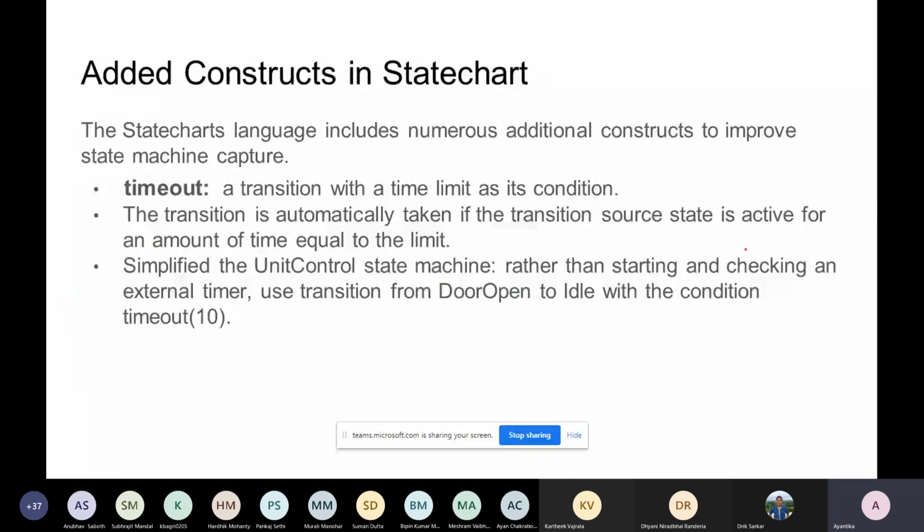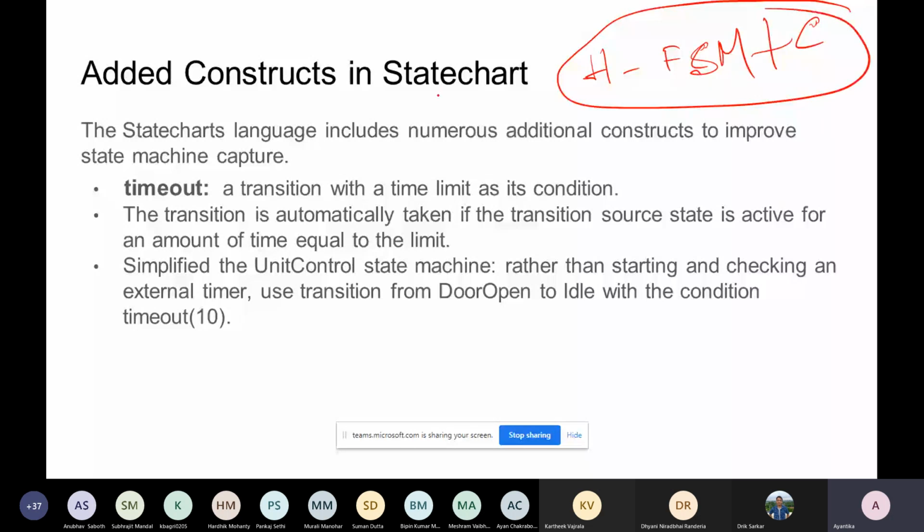Now practically, when we are talking about this hierarchical FSM or concurrency, those are defined in a tool, or in state chart languages. Okay.